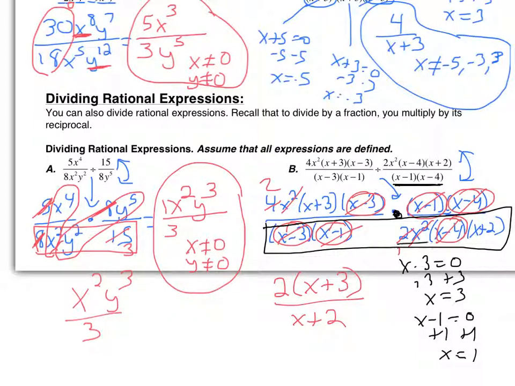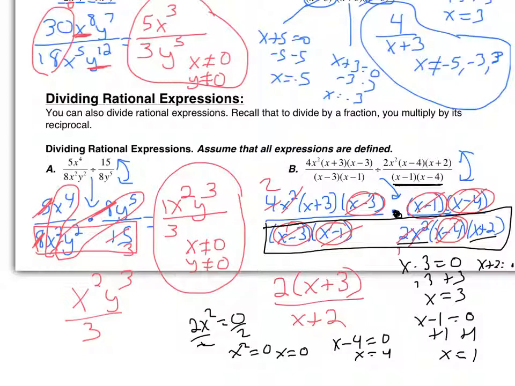And then I have 2x squared, that's another one, so 2x squared equals 0. Divide by 2. X squared equals 0, so that means x equals 0. And x minus 4, so we have x minus 4 equals 0. Plus 4, x equals 4. And then our last is x plus 2 equals 0, minus 2, x equals negative 2.